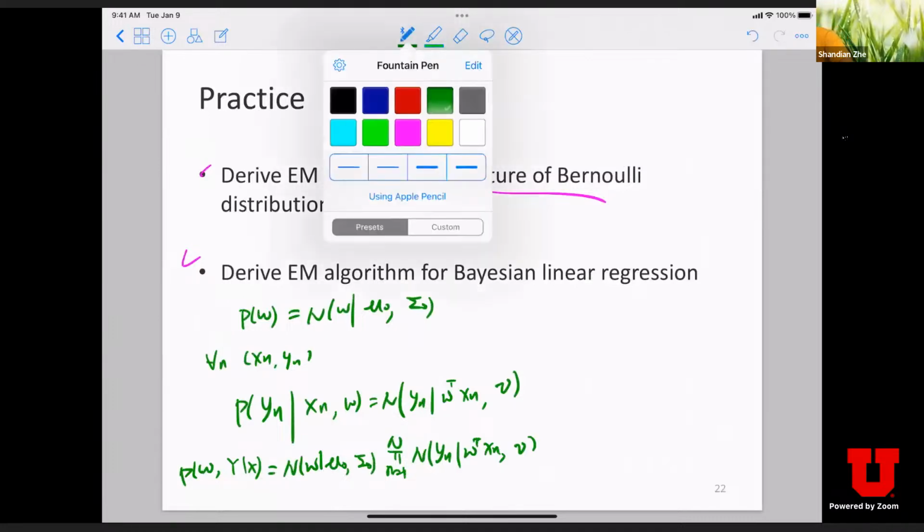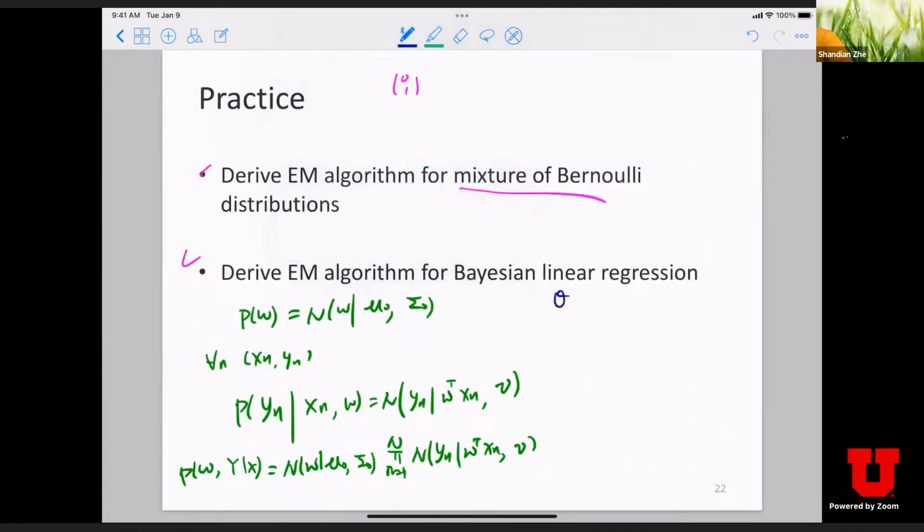And here, the model parameters include the prior mean and prior covariance, and also the likelihood variance. And the latent random variable is w. So we also want to know the posterior distribution of w given the data.